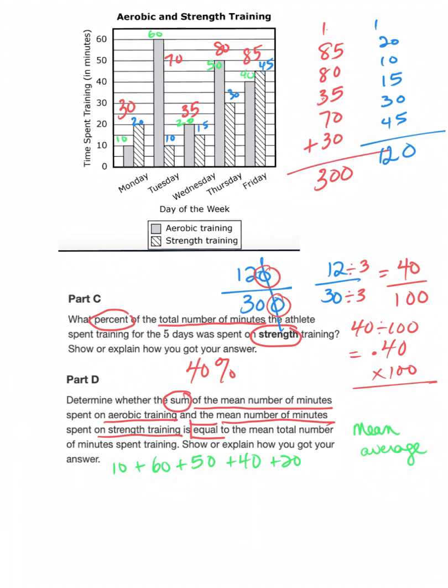Okay. So 10 plus 60 is 70. Plus 50 is 120. Plus 40 and 20 gives me 60. So that's a total of 180 minutes. And of course, that was over 5 days. So again, we do not have a calculator, so what are we going to do?